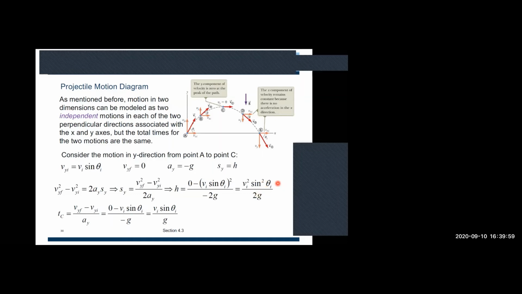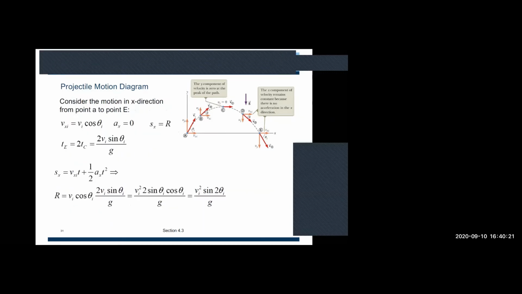And similarly, we could calculate the time required for the object to reach the maximum height. That is quite straightforward if you use the one-dimensional kinematic equation and consider only the y-axis motion.